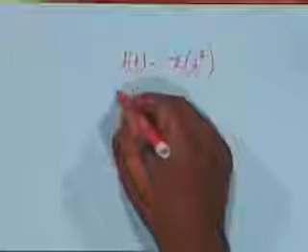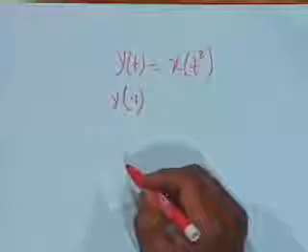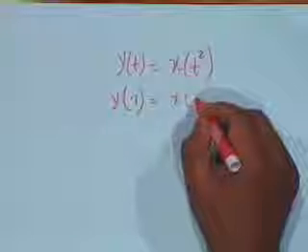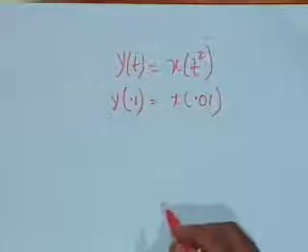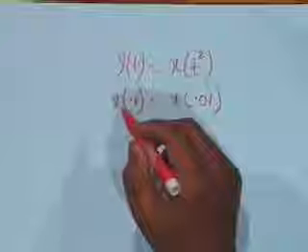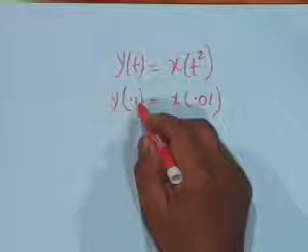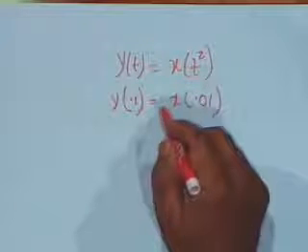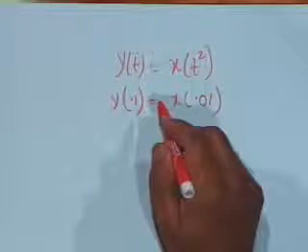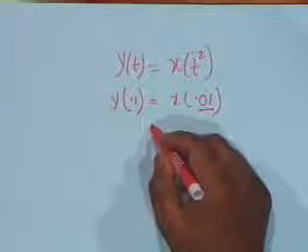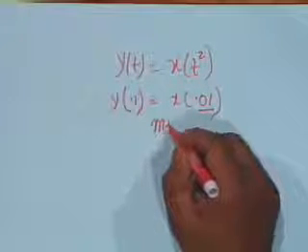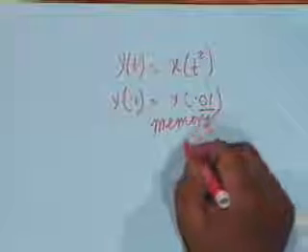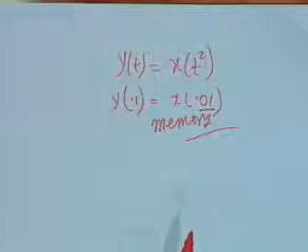Suppose I take t equal to 0.1, then y of 0.1 is x of 0.01, which means that the output at the instant 0.1 is identical to what the input was at 0.01, and therefore it is indeed a system with memory. That's why I said it's a slightly tricky one.